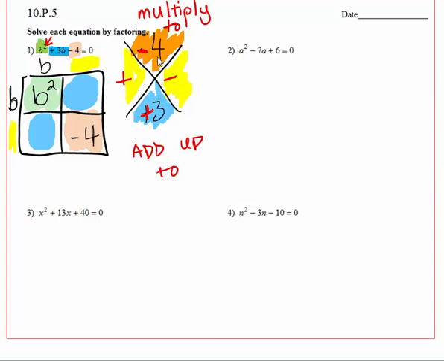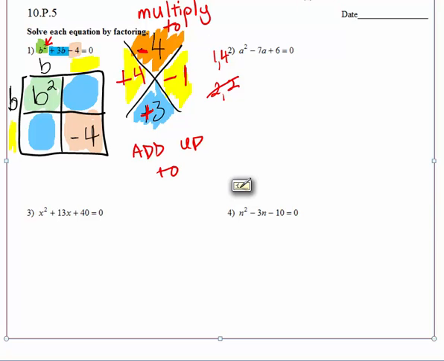To do that, I have to think of what numbers multiply to 4. There's 1 and 4, and 2 and 2. I don't think 2 and 2 is going to work, so I'm going to cross those out. I'm going to put 1 and 4 here. Remember, this takes the bigger digit, so the 4 will go here, the 1 will go there.